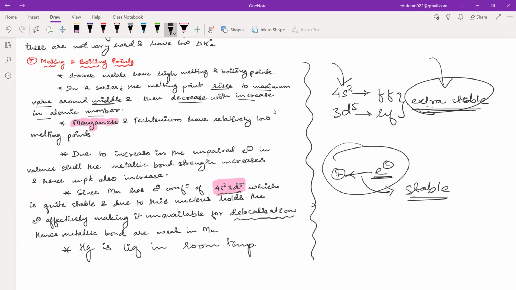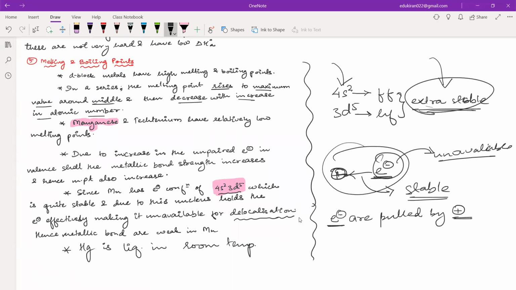Yes, sir. Okay. So now we have concluded that these electrons are pulled by the positive charge, the nucleus, very effectively, relative to other elements. If something is pulling the electron, these electrons become somewhat unavailable for bond formation, because they are nearer to the proton, and that is why these electrons cannot be shared by any other atom.